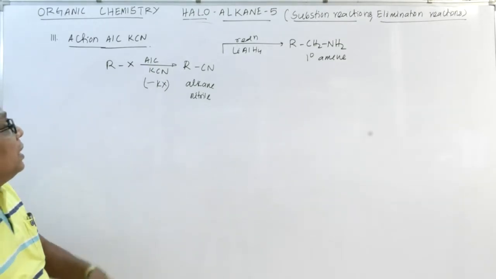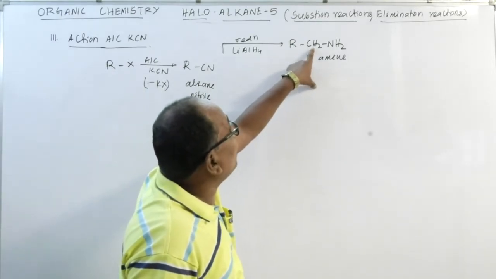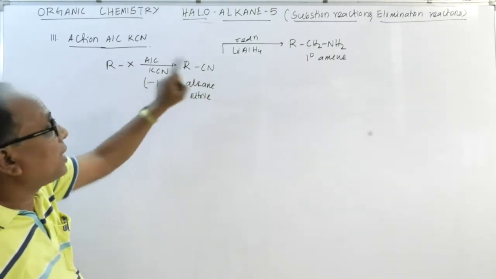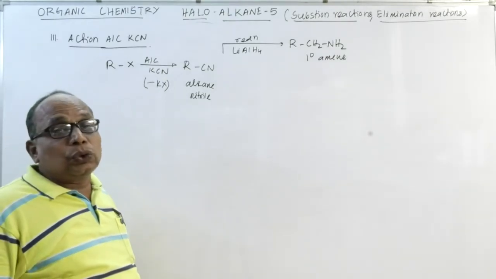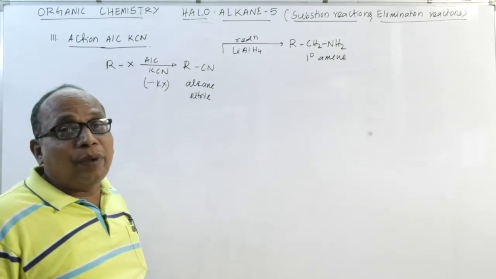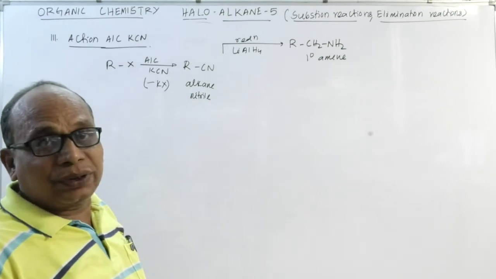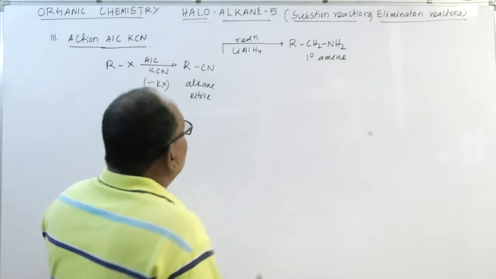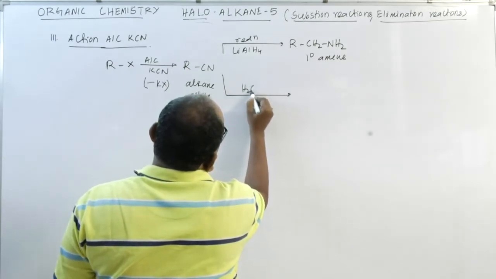You see, there is R, here R. But one more carbon atom is added due to the reaction with cyanide. That's why this reaction is particularly used for ascending the carbon chain in an organic molecule. Ascending means to raise the number of carbon atoms. So this group can also be hydrolysed.